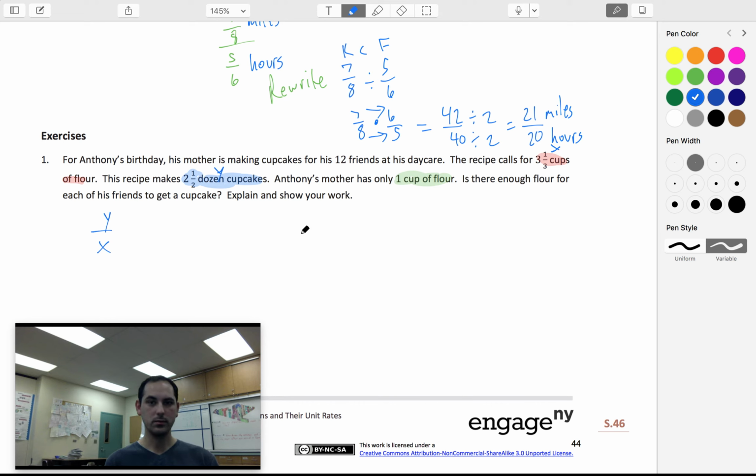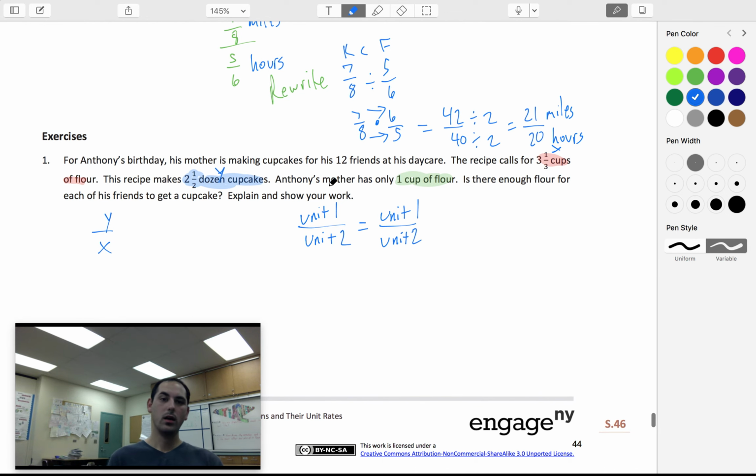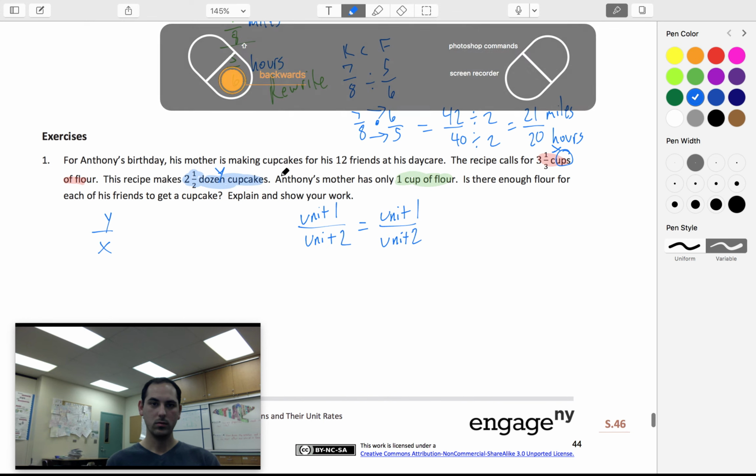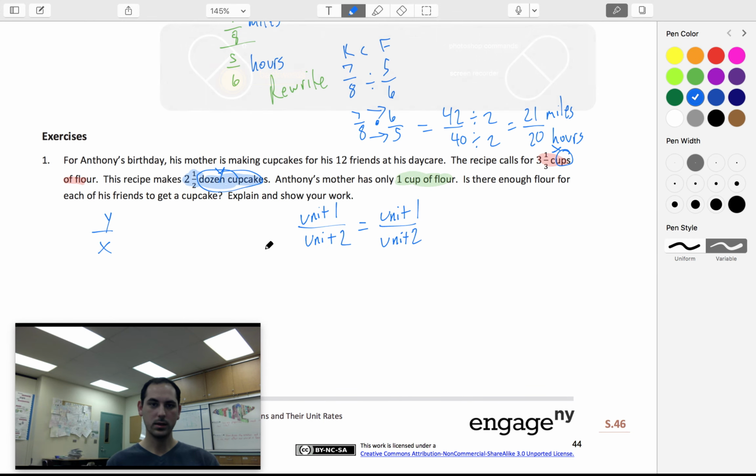I feel like this formula is so much easier. So this one is going to be unit 1, and we've done this before, so it's nothing new. Unit 2 equals unit 1 over unit 2. Now we know that we're dealing with cups and cupcakes. Actually, dozen cupcakes.